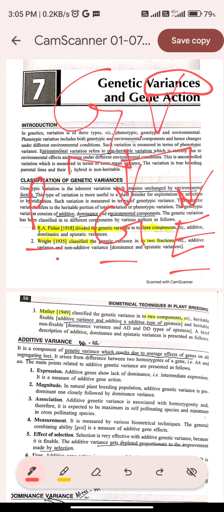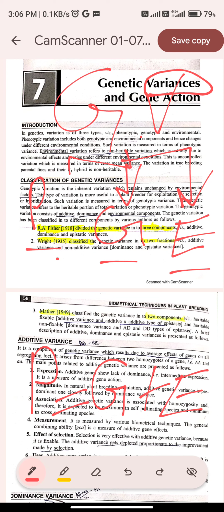In phenotypic variation, the phenotypic variation includes the sum of genetic variance and environmental variance. Both will be included in phenotypic. Phenotype means what we are able to observe from outside on the basis of morphology.